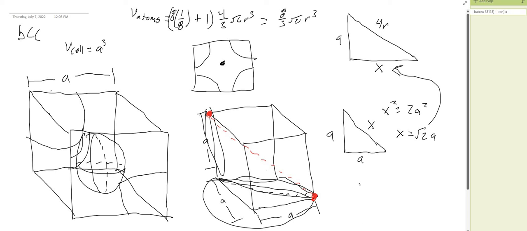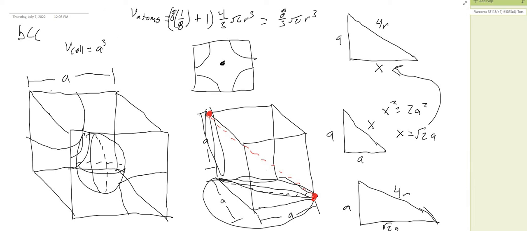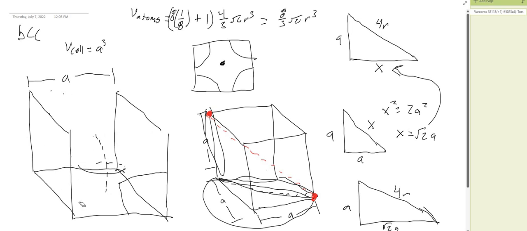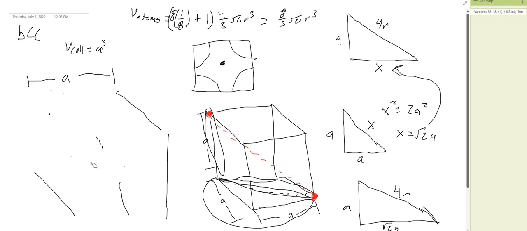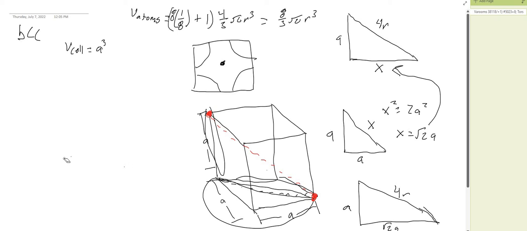So now we have our triangle: A, root 2 A, and 4r. I'm going to clear off this one right here. All right, so now we have to do our trig again.